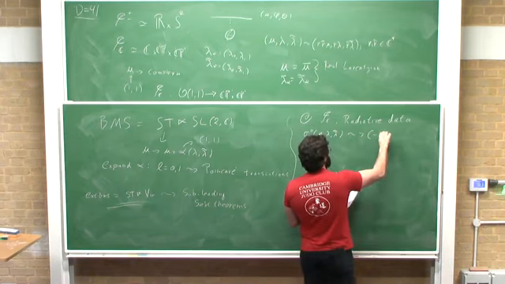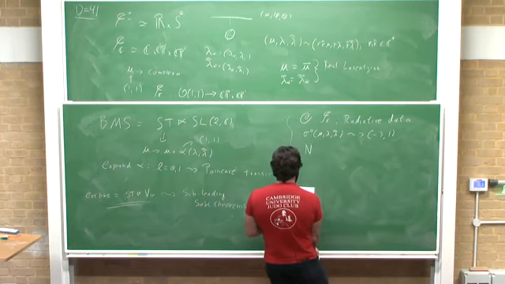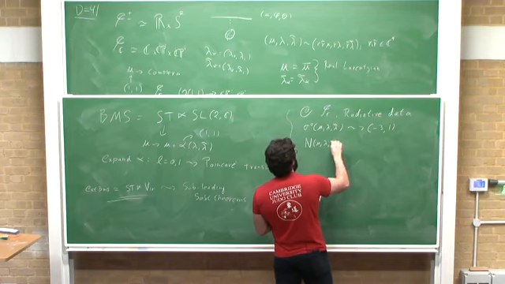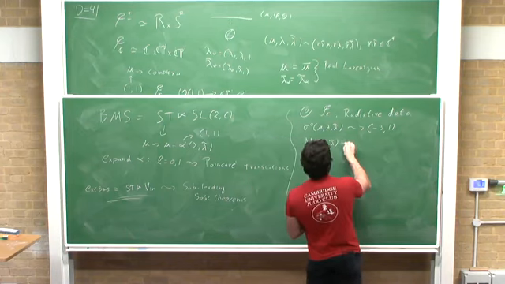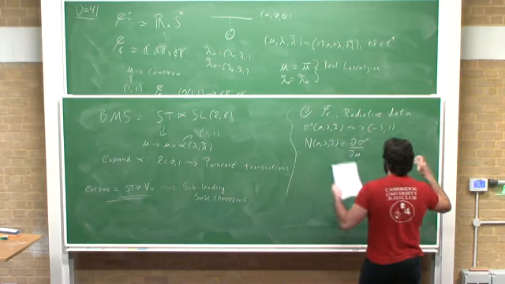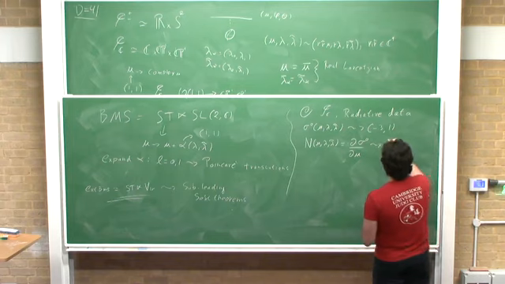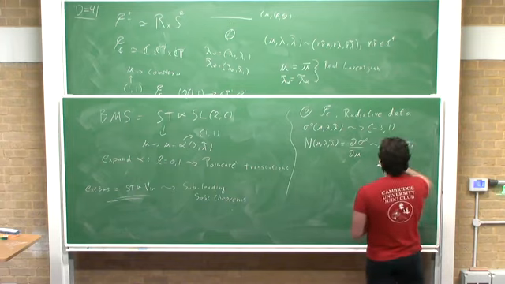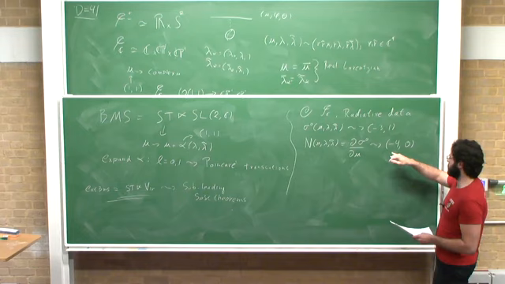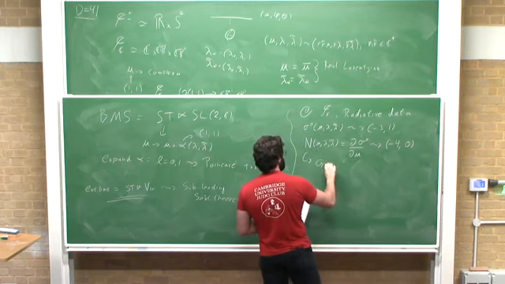This has weight -3, 1. And there is a function called the Bondi news function, which is a section of a line bundle, defined as the u derivative of the asymptotic shear. And this, just by counting, has weight -4 and 0. Right? There is, of course, another one, the other helicity, if you wish, with weight 0 and -4. And this is the relevant one for gravity scattering.